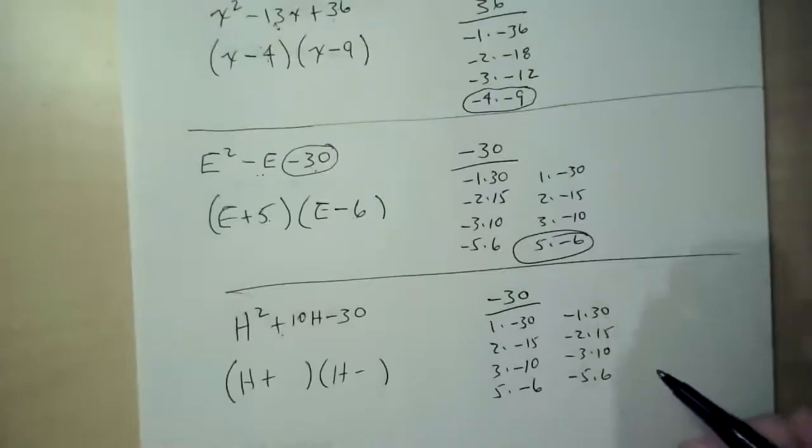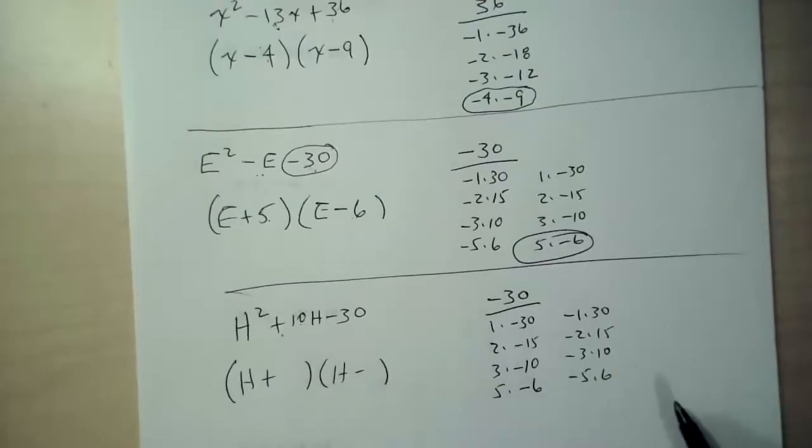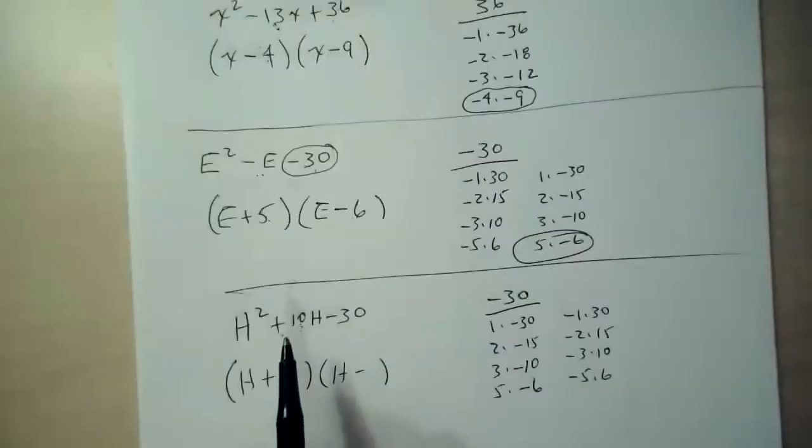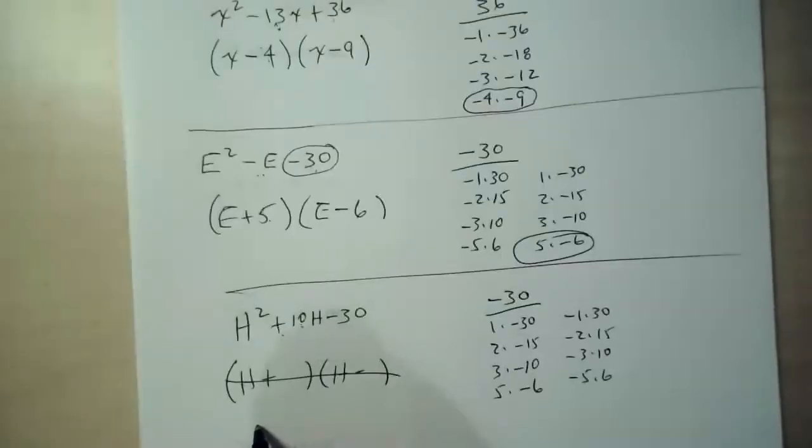Negative 1 times 30, negative 2 times 15, negative 3 times 10, negative 5 times 6. Which two of these factors combine together to give us positive 10? None of them, right? So what's our answer here?